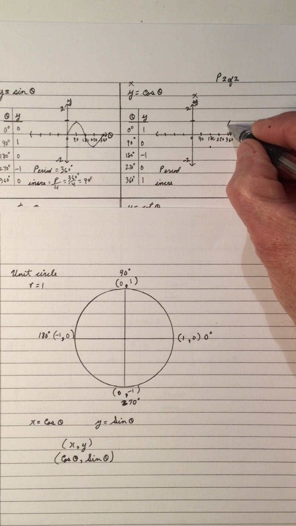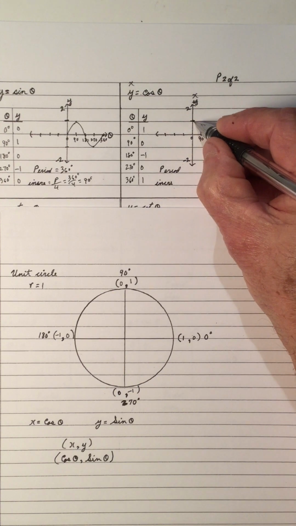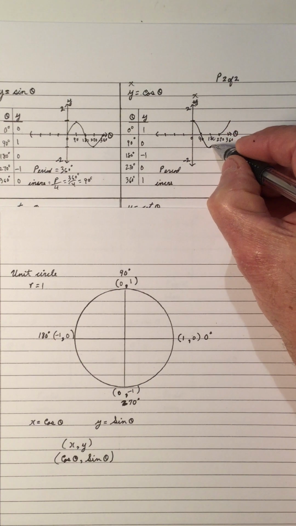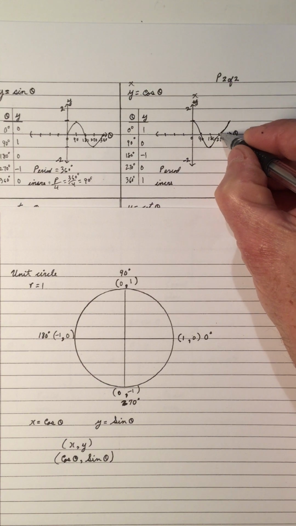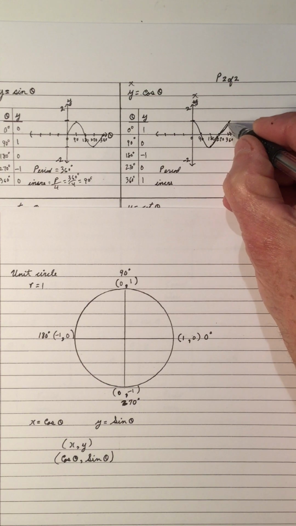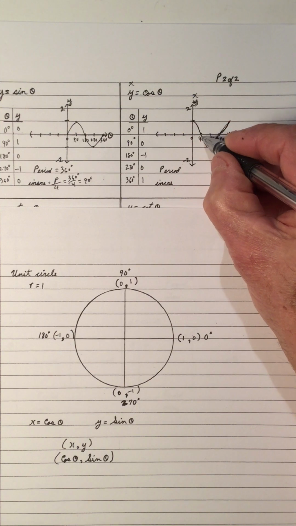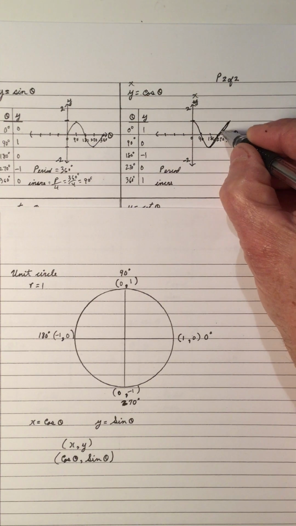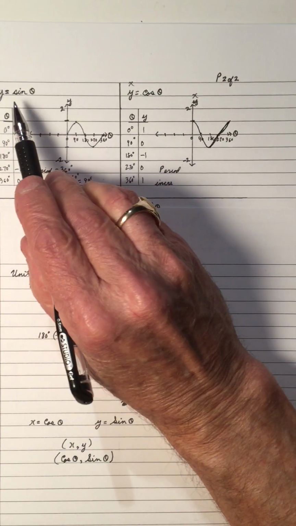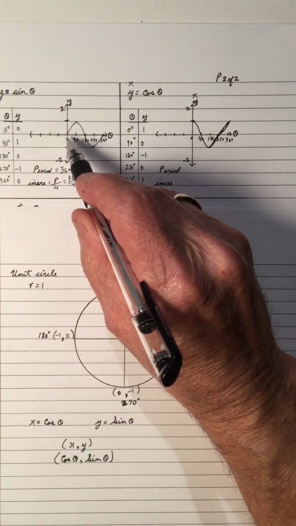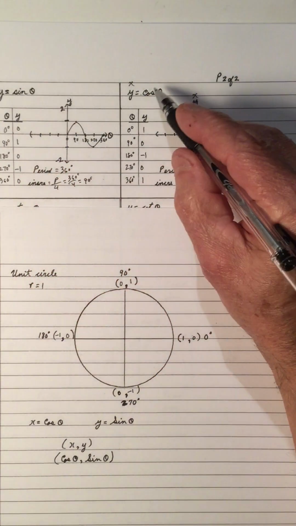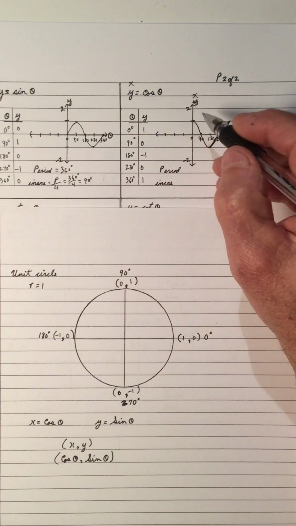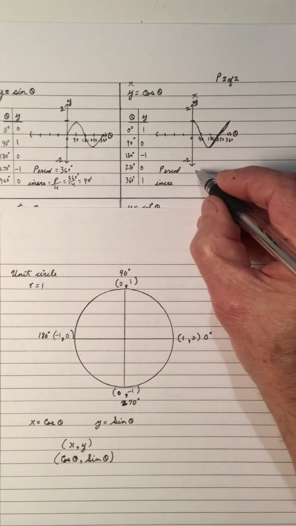So the cos graph is, just trying to make that a sideways C here. Here it is. And again, the sine graph is a sideways S starting at 0, ending at 360. The cos graph is a sideways C starting at 0 and ending at 360.